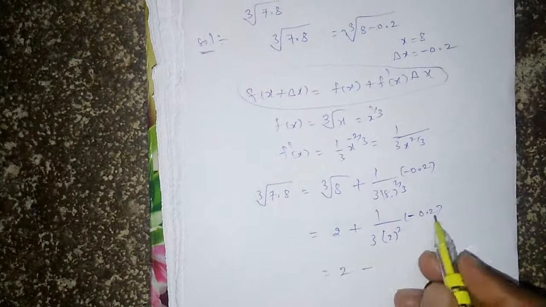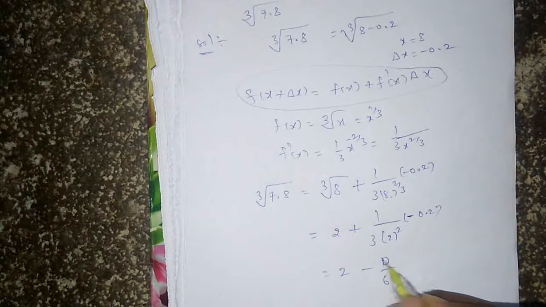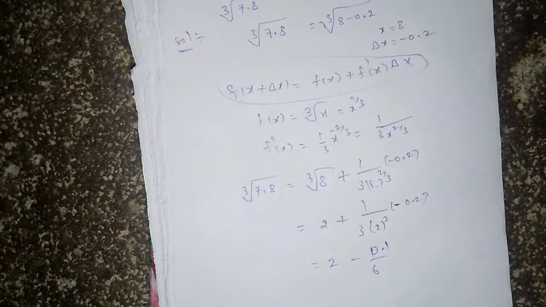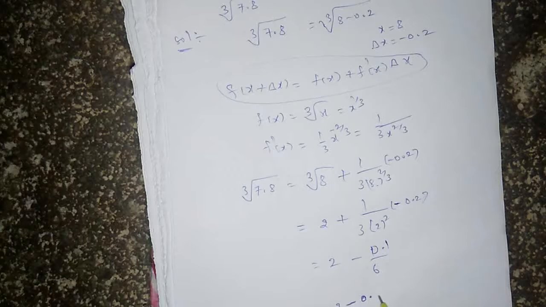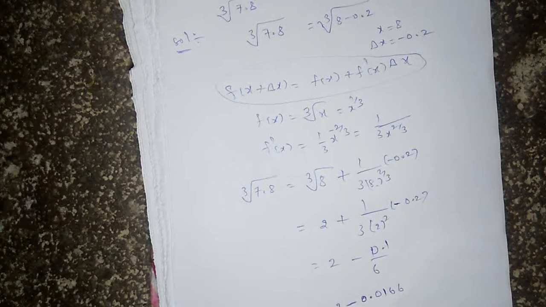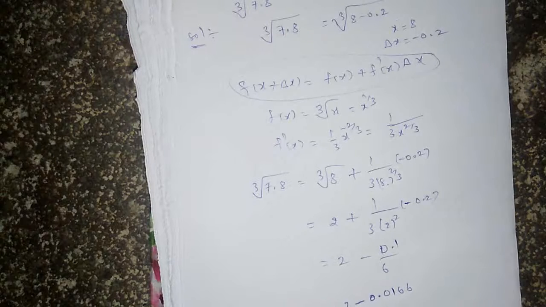Here 2 minus 0.2 by 12, that is 2 minus 0.1 by 6, so this is 0.016, which is equal to 1.9834 approximately.